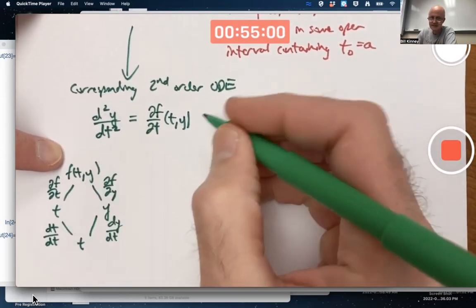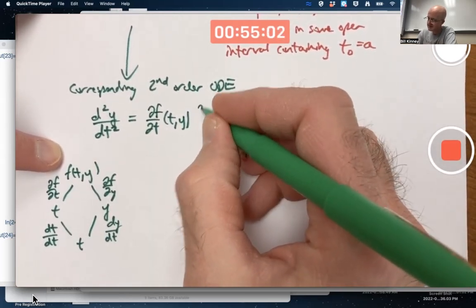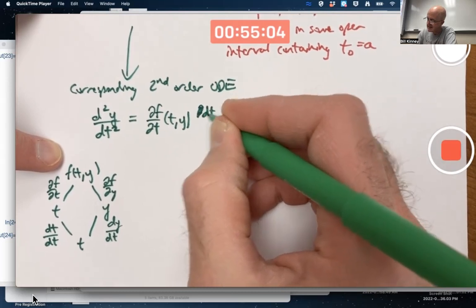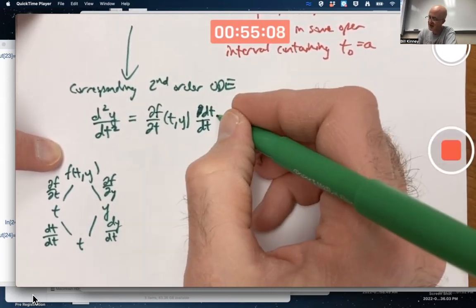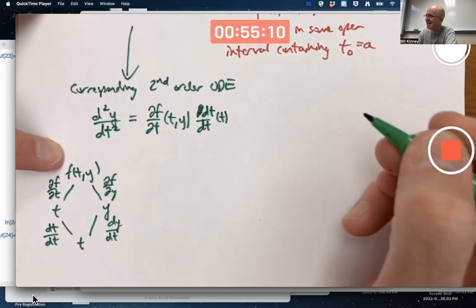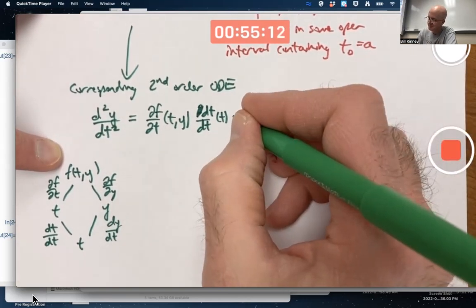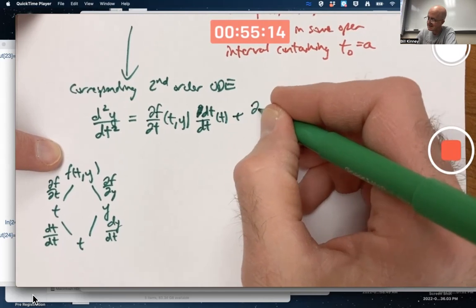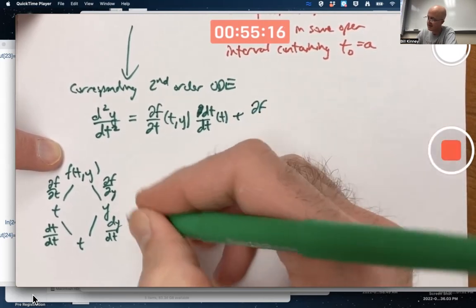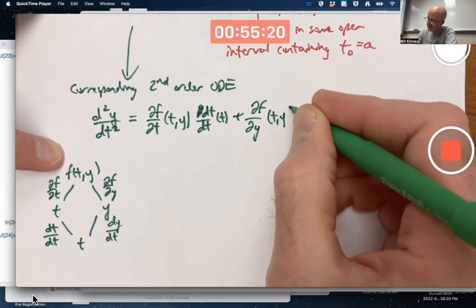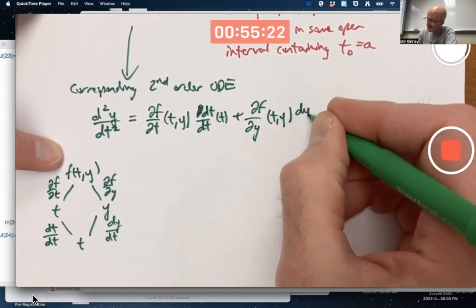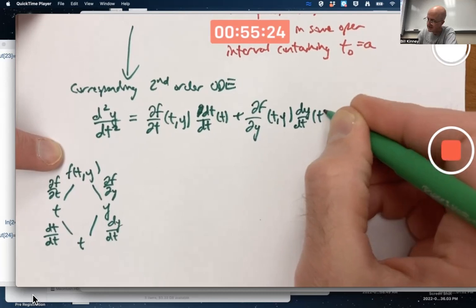So I have df dt of t, y times dt dt, I guess just of t. It's a little unusual here. Plus the product of the derivatives along the other paths: df dy, which is a function of t and y, times dy dt, which is a function of t.